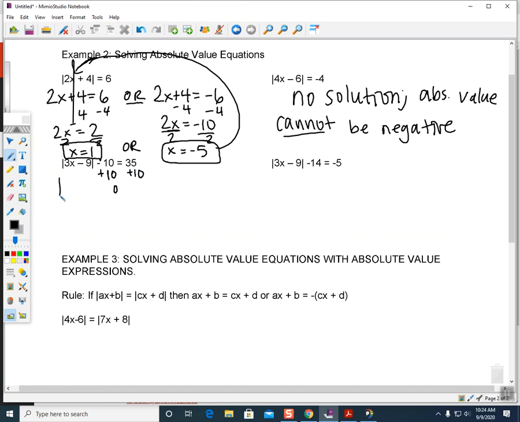So then I'm just left with the absolute value of 3x minus 9 equals 35 plus 10 is 45. Now I can rewrite this like I did my last ones. So I can have 3x minus 9 equals 45, or 3x minus 9 equals negative 45.